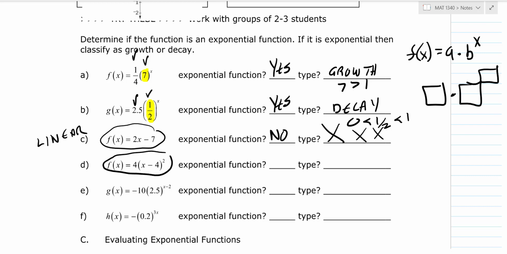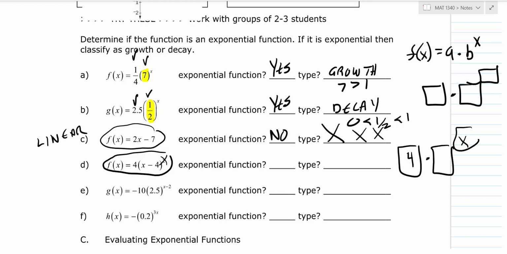How about the next one? Does that look like an exponential function, or does it look like something else you've learned? It's not exponential. Here's why: you have a number 4, but then you don't have a number raised to an x power.